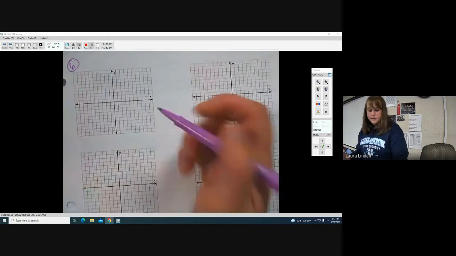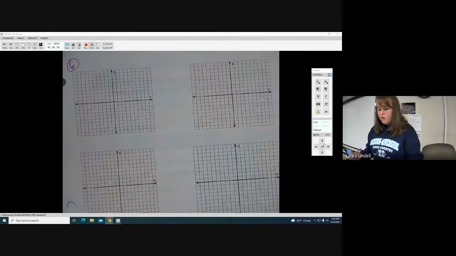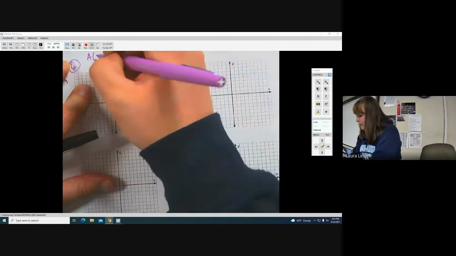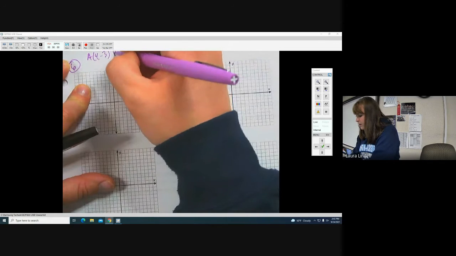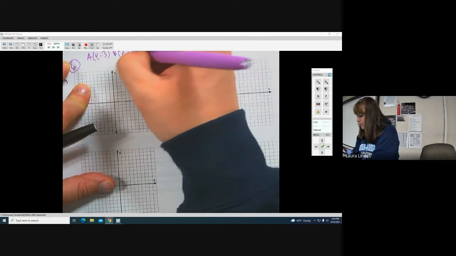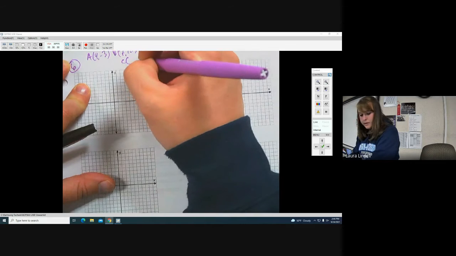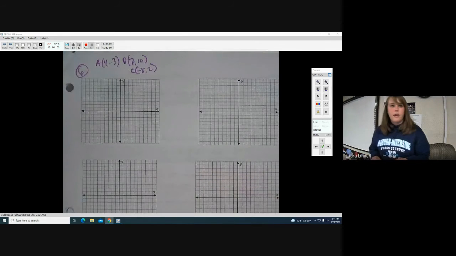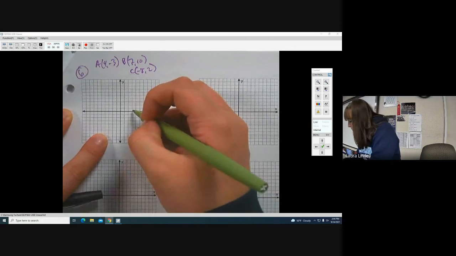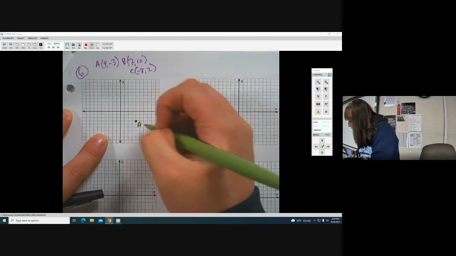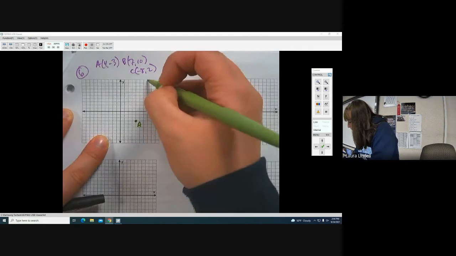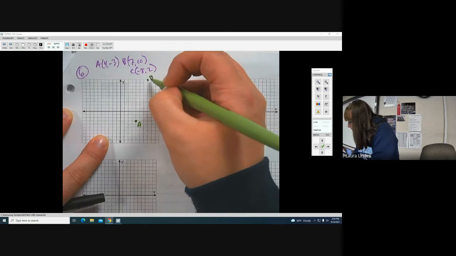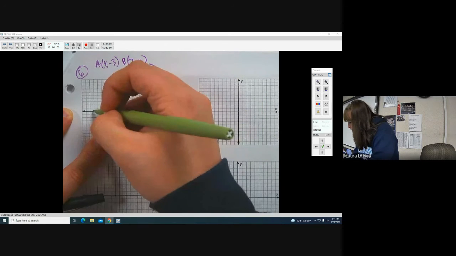So for number 6, the coordinates from your homework were A is (4, -3), B is (7, 10), C is (-8, 2). Okay, so those were all of our coordinates that went with that problem. So we're going to go ahead and plot those on our graph here. So we had (4, -3), over 7 up 10, and over -8 up 2.